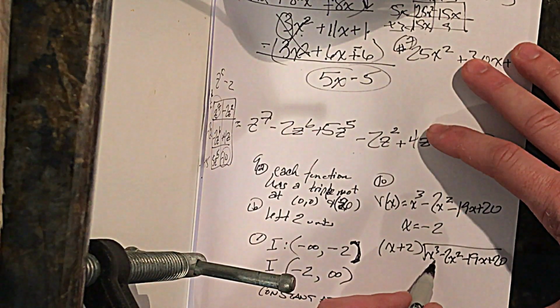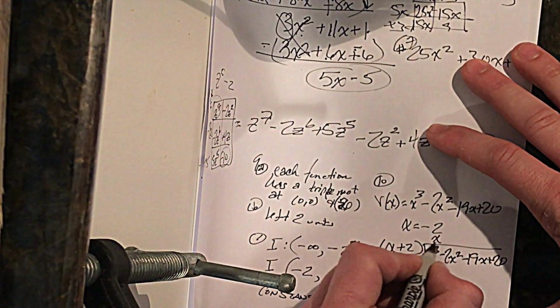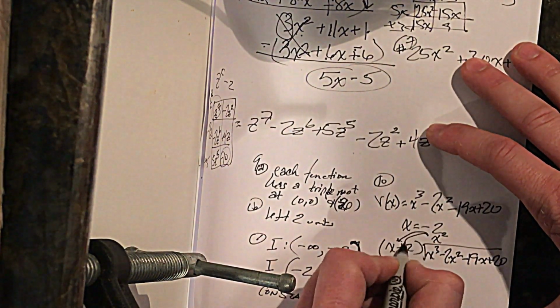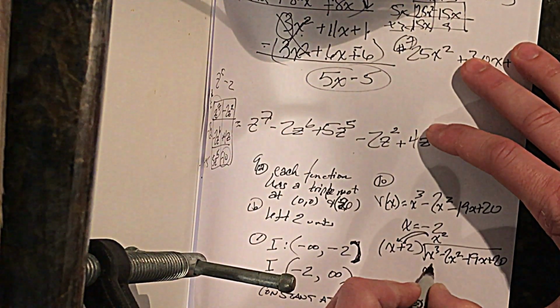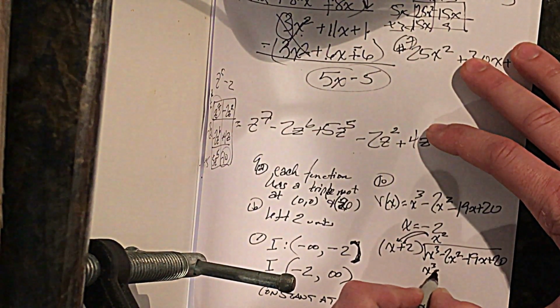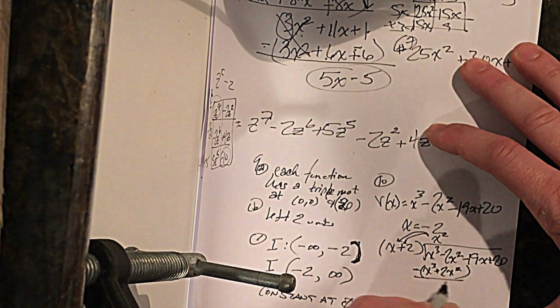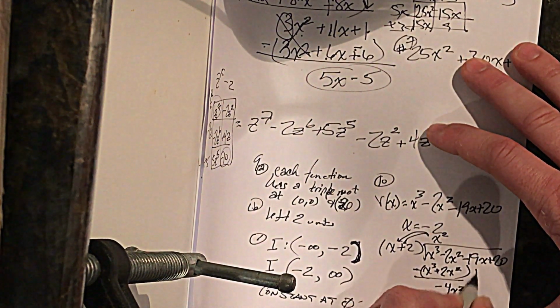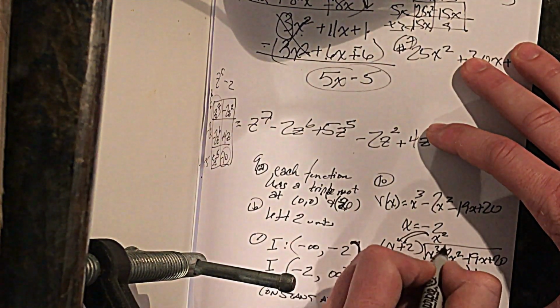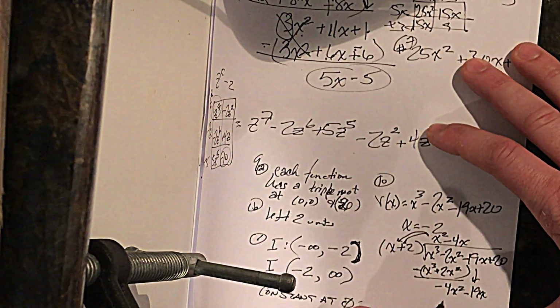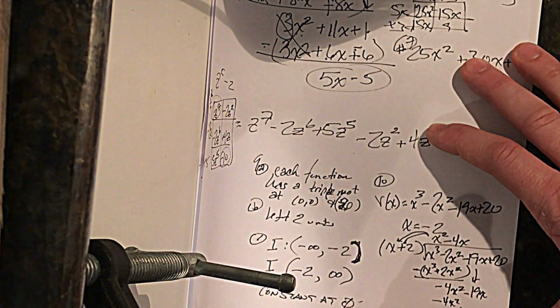So first things first, x cubed divided by x is just x squared, and we distribute to give ourselves x cubed plus 2x squared. Let's subtract, and we get negative 4x squared minus 19x. Negative 4x goes on the top to give us negative 4x squared minus 8x.